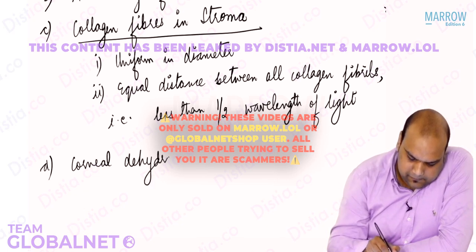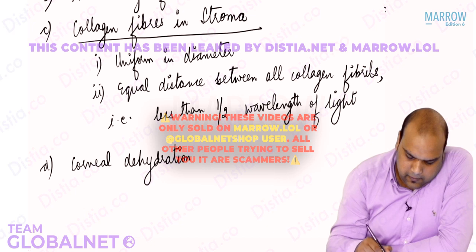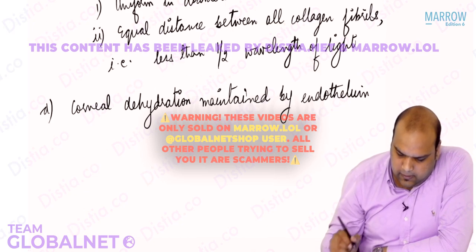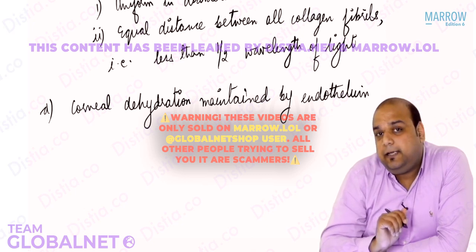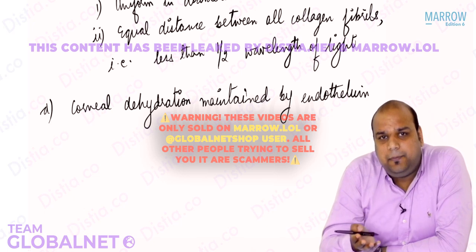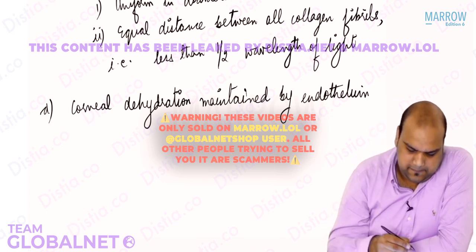Then the fourth factor is, as we just now discussed, the corneal dehydration maintained by endothelium. The corneal dehydration, which is maintained by the endothelium, as we have discussed in detail, the sodium potassium ATPase pump and the tight junctions between endothelial cells.